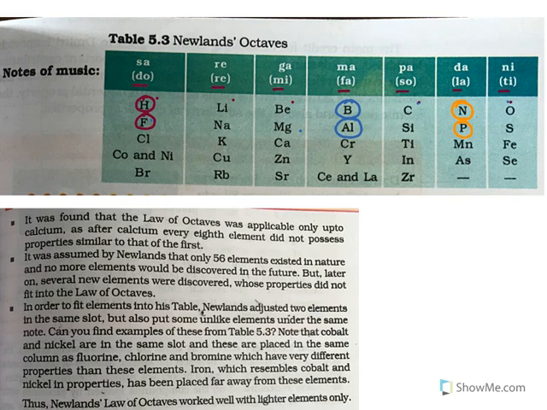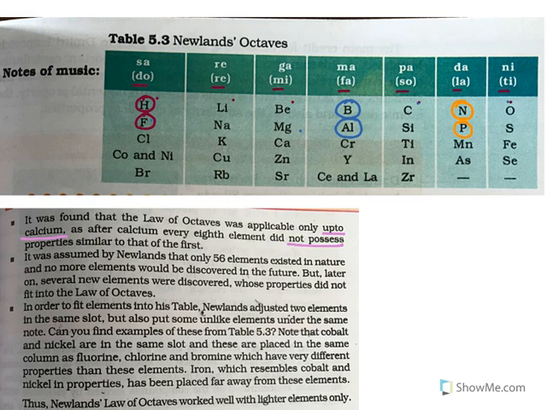Now there were some drawbacks though in Newton's law, and the drawbacks go this way. First, it was found that the law of octaves was applicable only up to calcium. After calcium, every eighth element did not possess properties similar to that of the first. That was the first drawback.